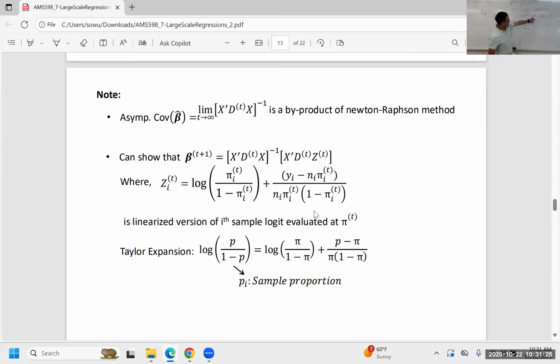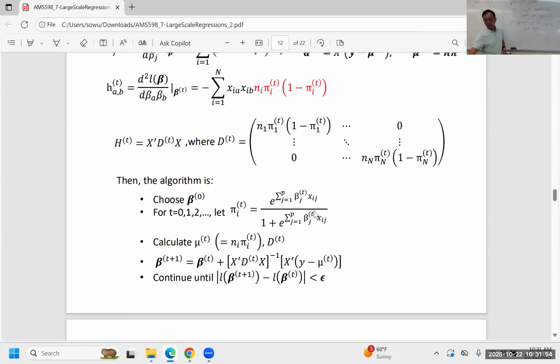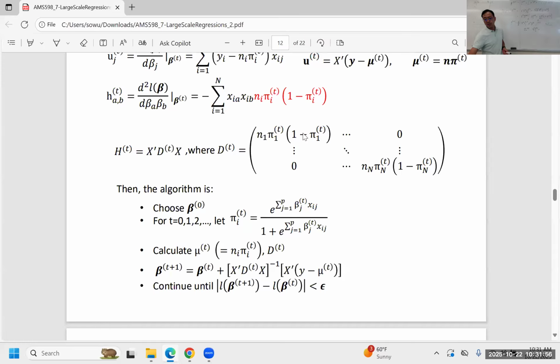Because this is x beta t, each element is xi transpose beta t, taking the ith element of z from this matrix form, plus this term, which involves dt, the diagonal matrix. What is d? Remember, d is ni times pi i times 1 minus pi i.